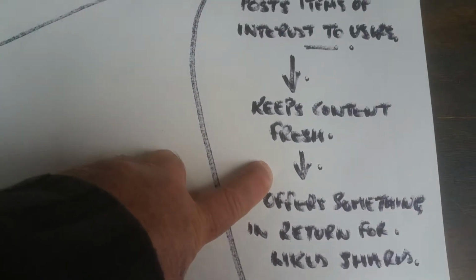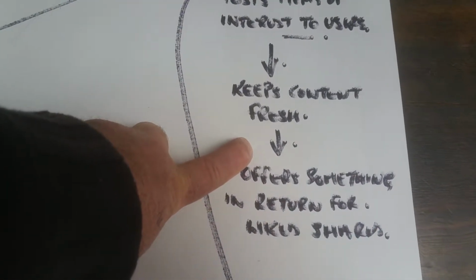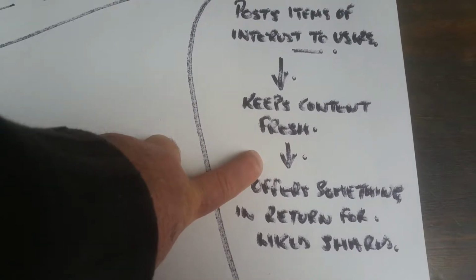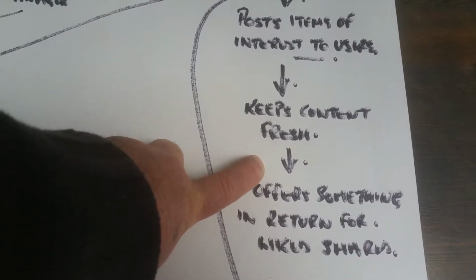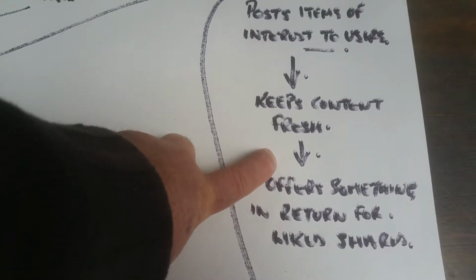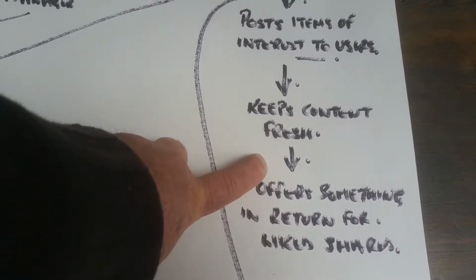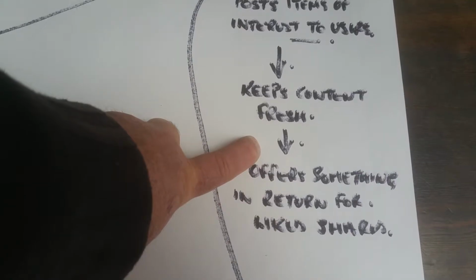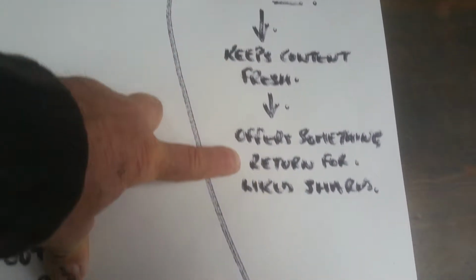Keep the content fresh, so keep it regular. Find the best time of day to post, because people, obviously, busy timelines, it just goes missing off the timeline. So you have to work out when is best to make a post. With some people that would be tea time, sometimes it's lunchtime, sometimes it's breakfast time. You have to work out what works best.